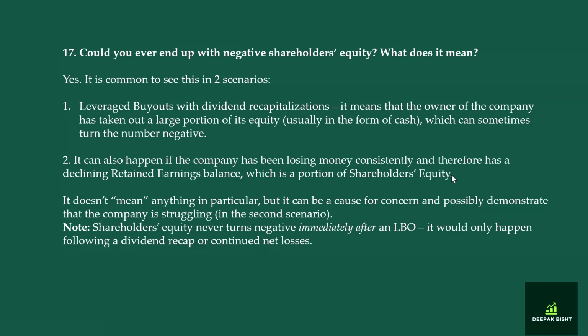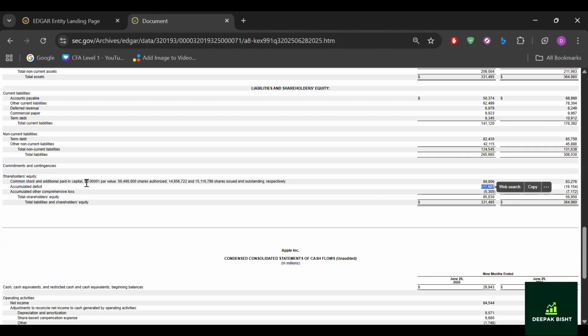If this component of retained earnings is bigger, and the company is continuously making losses, in this case the number 17607... in that case, this number will be greater than the total shareholders' equity.